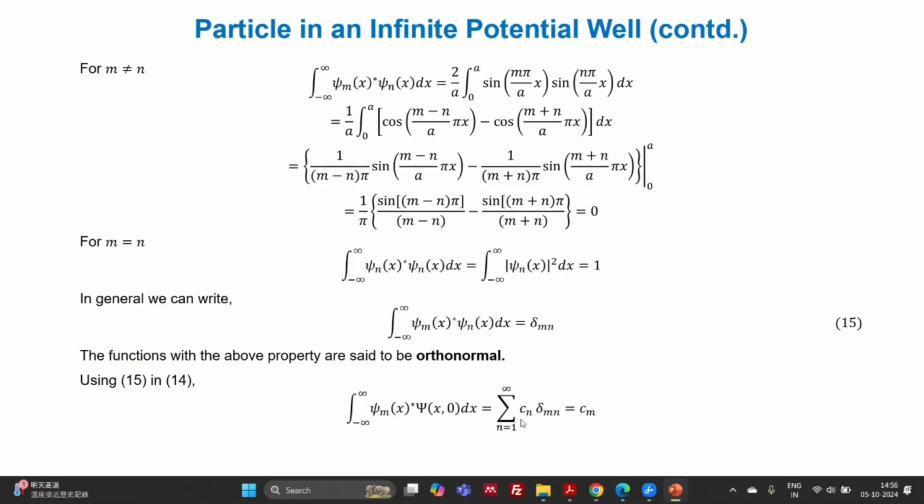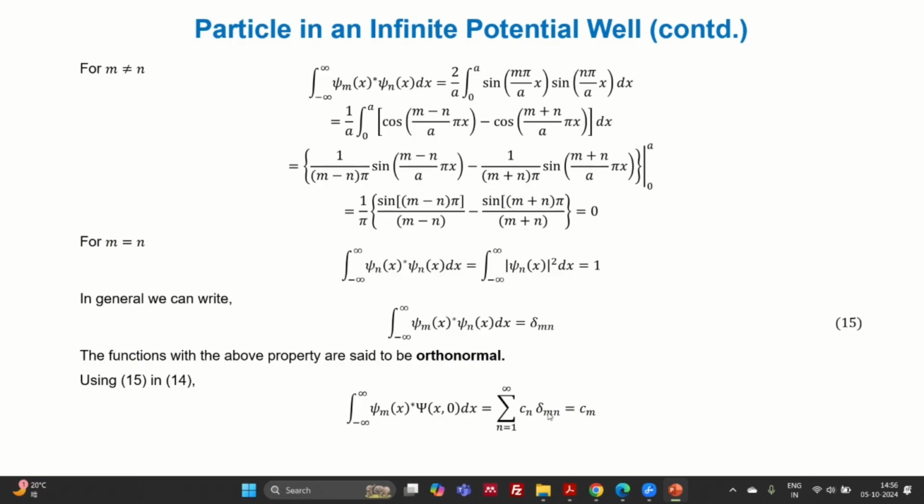Then n equal to 2, delta 7 2, not matching, 0. At one point, I will have n equal to 7, so this will be C7 delta of 7 7. Yes, there is a match, so that will give 1, and the value of C there is C7, which means Cm.